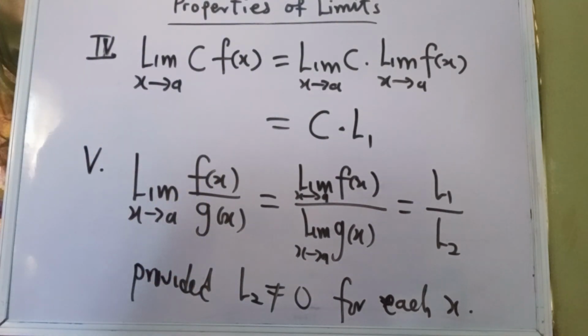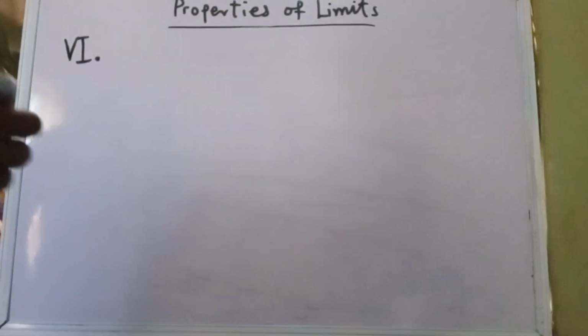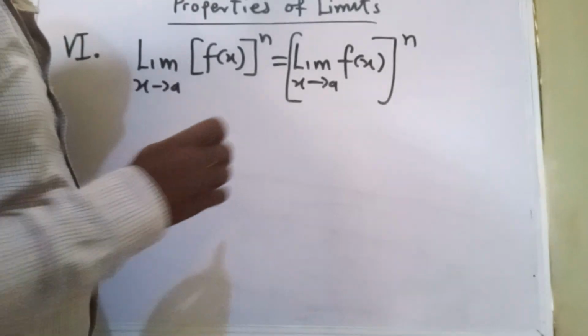The next property is the power law. This says that if we have the limit of f of x all raised to the power of n as x tends to a, where n is a positive integer, this limit will go in to act on f of x, and this will be the limit of f of x as x tends to a, all raised to the power of n.